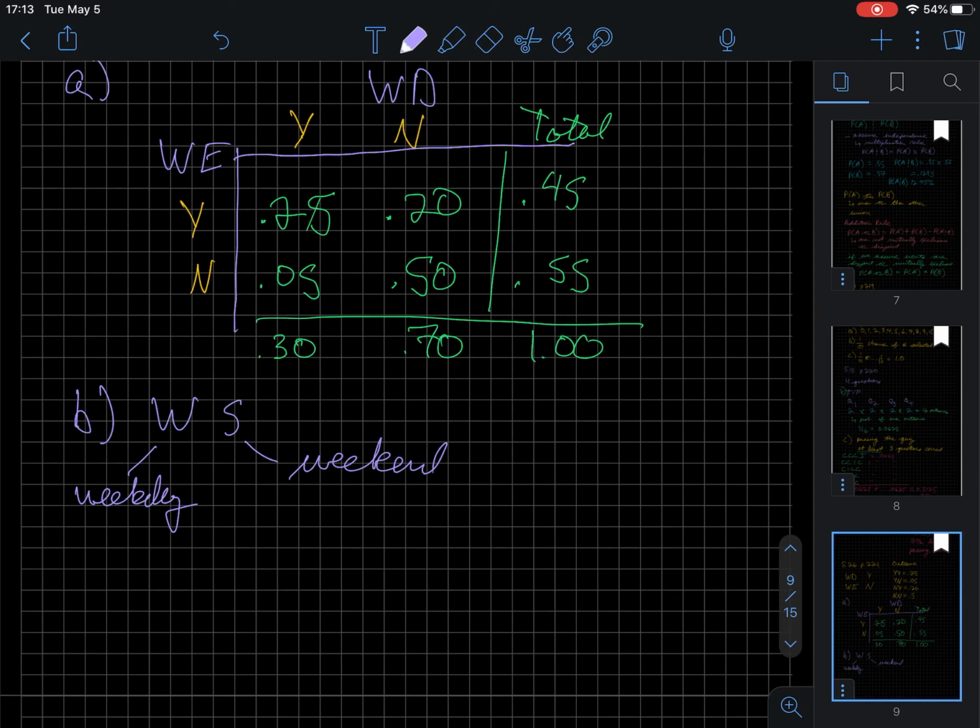The question is asking for the probability of the weekday paper and the weekend paper. This is the intersection. If we look at our chart right here, we see the answer is right here, the weekend and the weekday, and this is equal to 0.25.